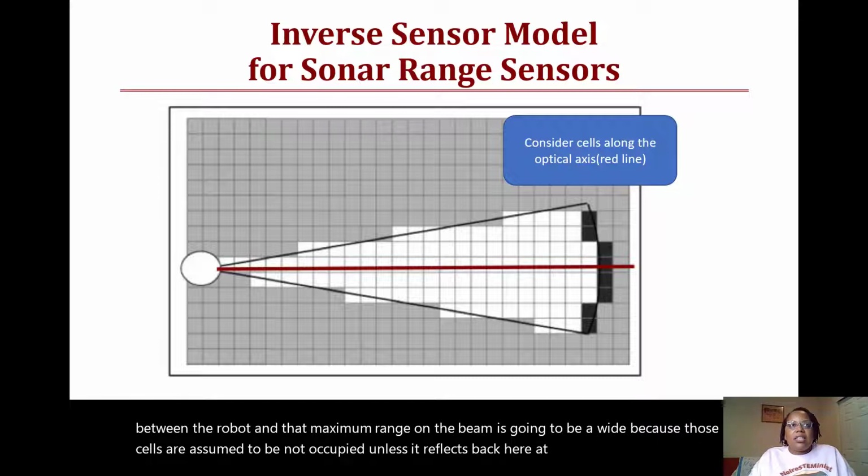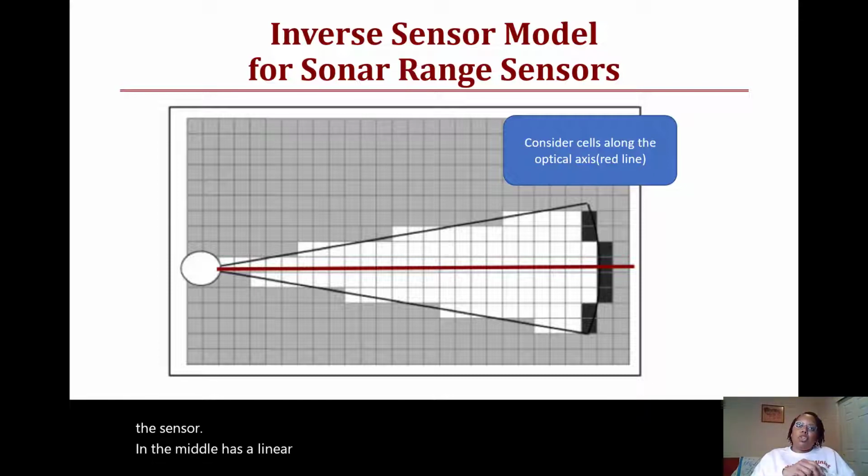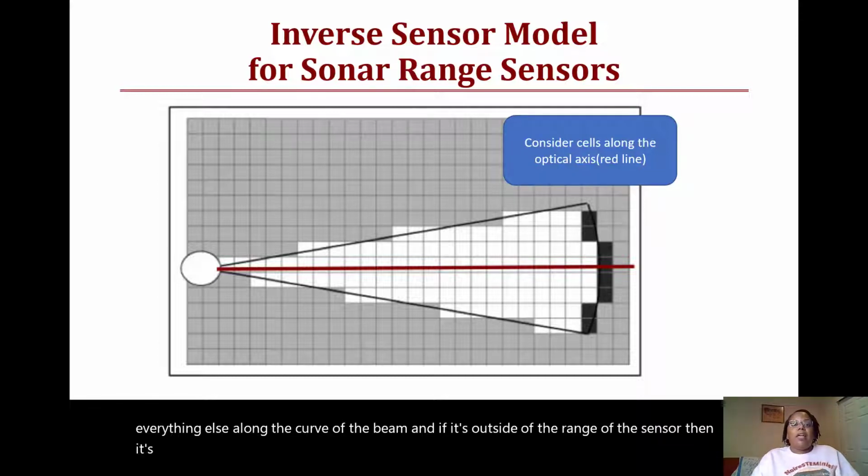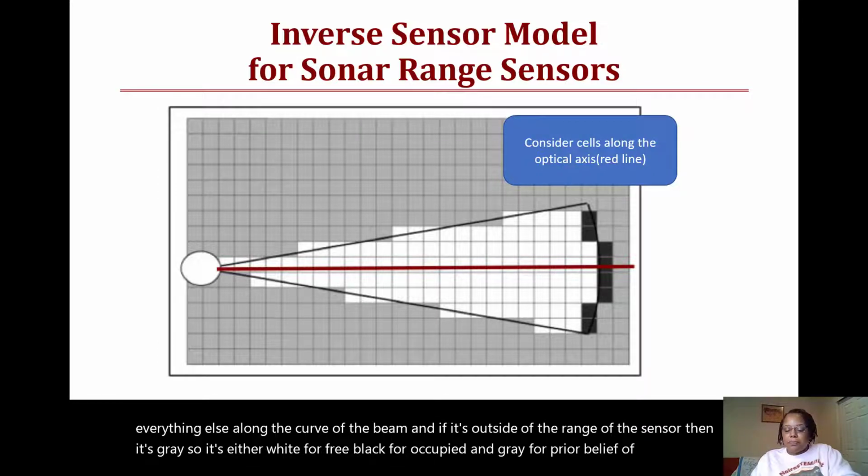So we now say that the sensor in the middle has a linear model, but we use a Gaussian distribution in order to represent everything else along the curve of the beam. And if it's outside of the range of the sensor, then it's gray. So it's either white for free, black for occupied, and gray for prior belief of 0.5. We don't really know.